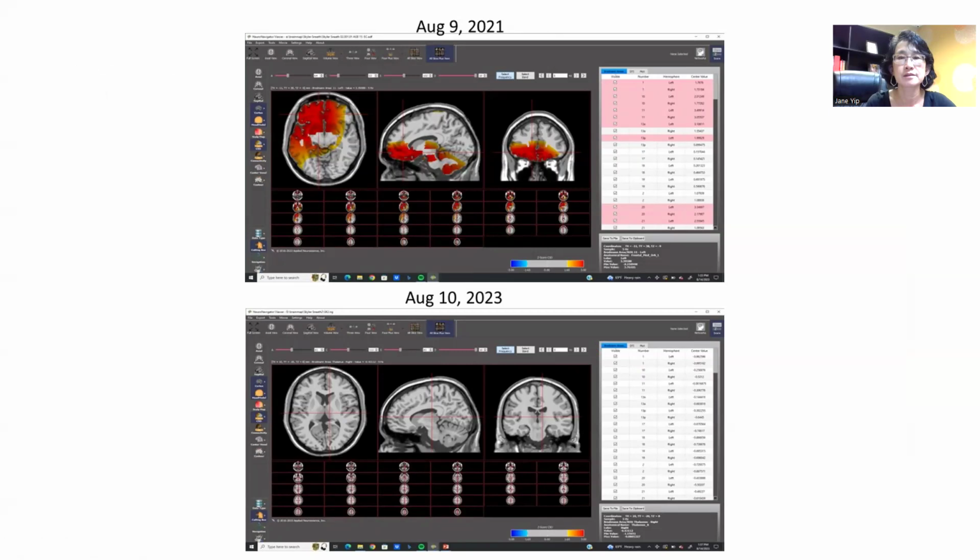And this is a QEEG brain image from an ASD individual in my clinic. As you can see, before intervention, there is abnormally elevated activity in the orbital frontal cortex and suggesting a lot of anxiety, a lot of conflict, and a lot of sensory activation, as well as physical activation, hence the anxiety, the emotional outburst that we talked about.